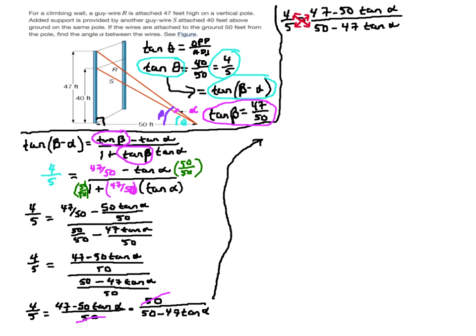So please don't use it willy-nilly. Only use it when you have a proportion set up. So 4 times 50 minus 47 tangent alpha is equal to 5 times 47 minus 50 tangent alpha.